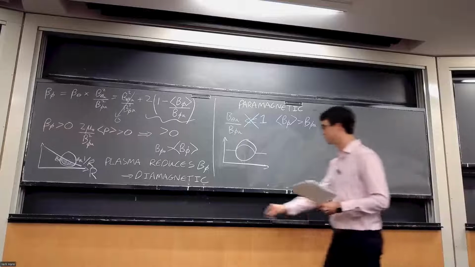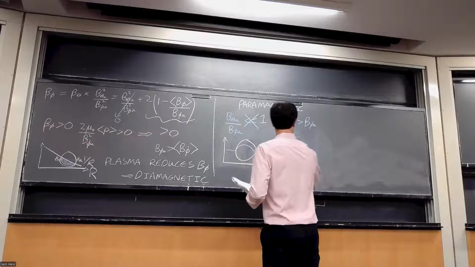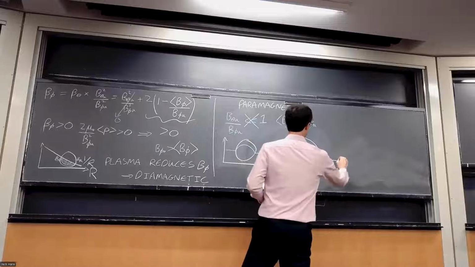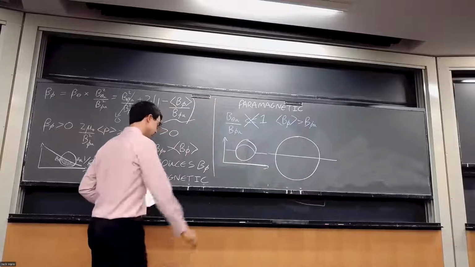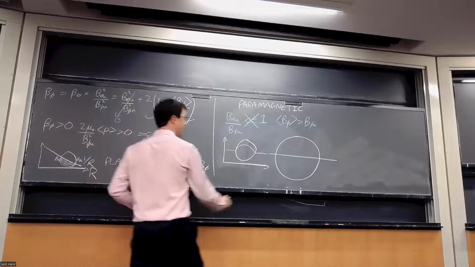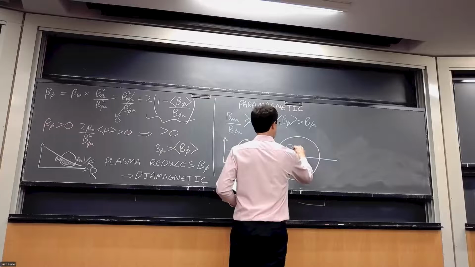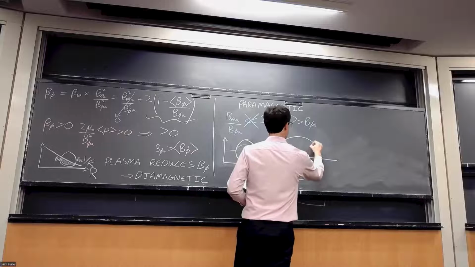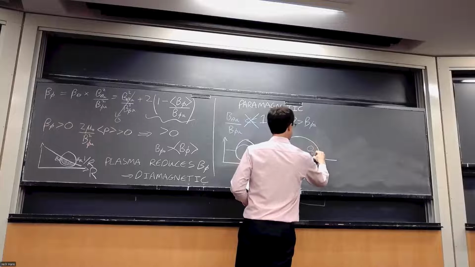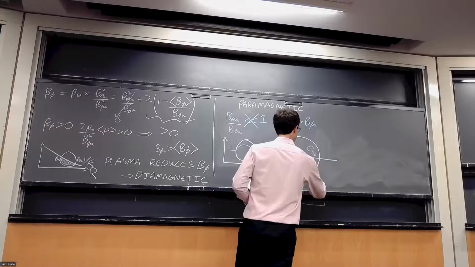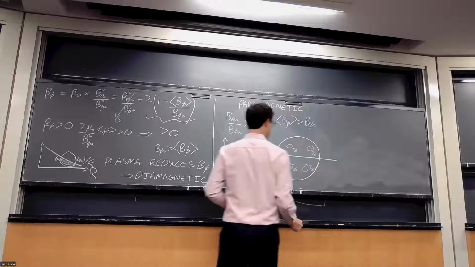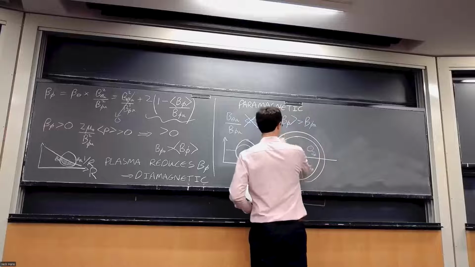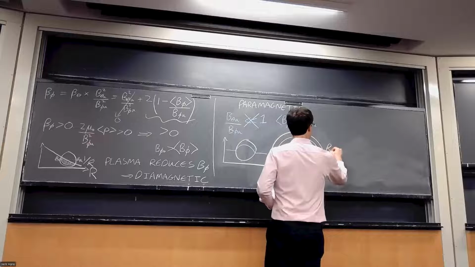Good. Okay, so let's draw that out. So let's start with a big plasma that has got a uniform magnetic field across it. But this plasma also has some current going in this direction. And that current is generating a poloidal magnetic field, B theta.